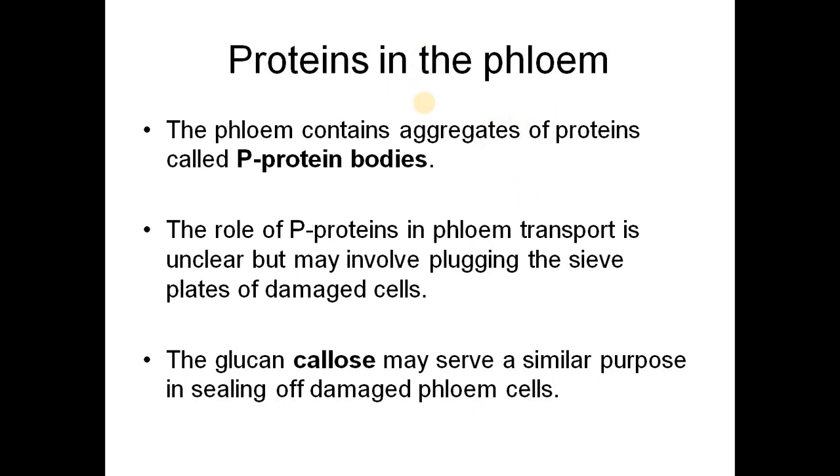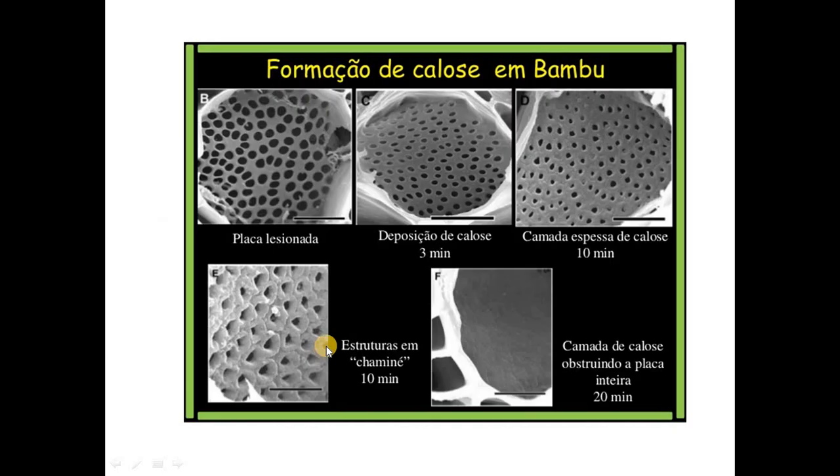Now, I mentioned that in phloem, apart from sugars, you see proteins called P protein bodies, and they are also closely associated with the glucan called callose. The main function of that is to prevent the leakage of phloem sap when the plant is being injured.